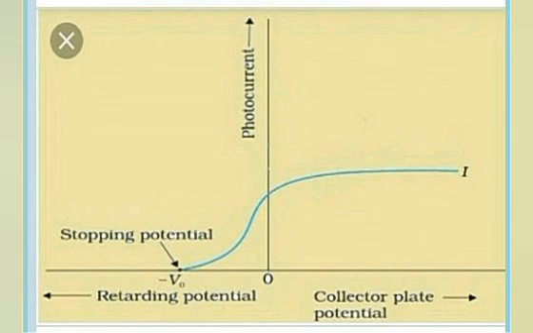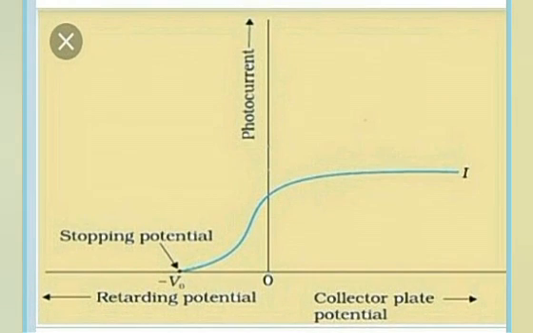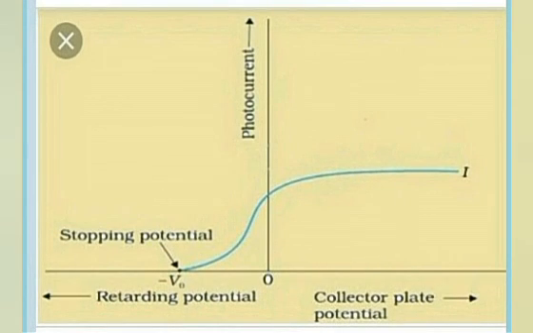Free electrons are negatively charged, so like charges repel each other. So many of the electrons will get repelled from the anode and go back to the cathode. Only some electrons which have more energy are able to reach anode. So current decreases.